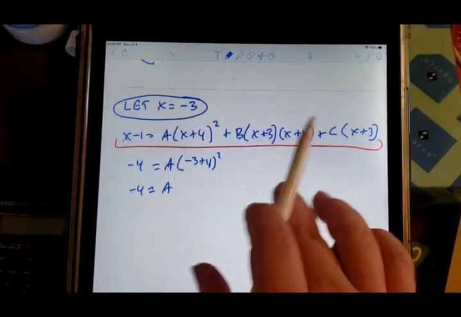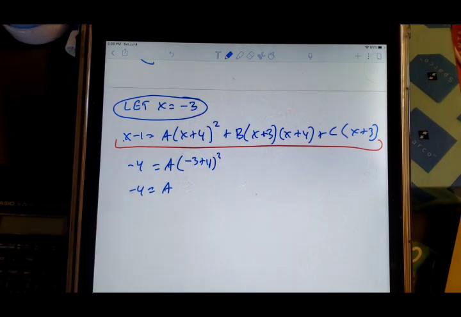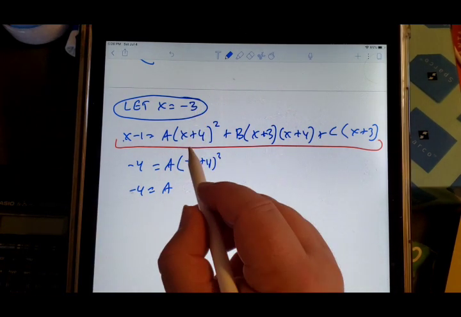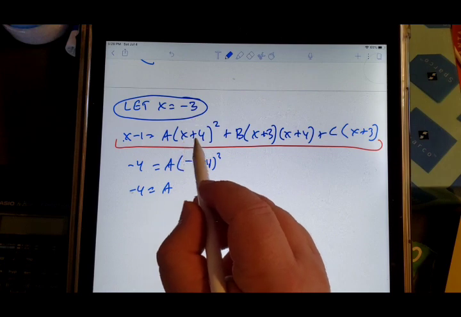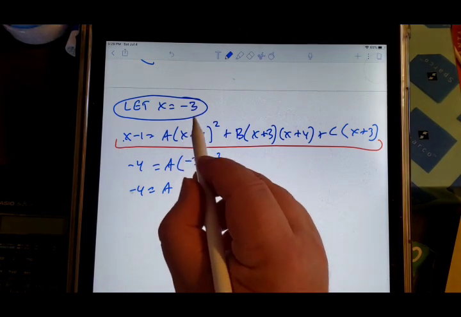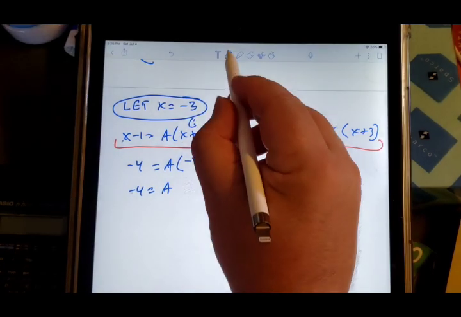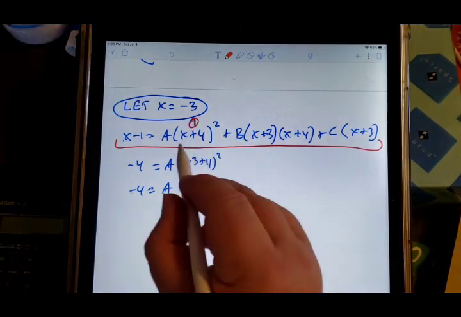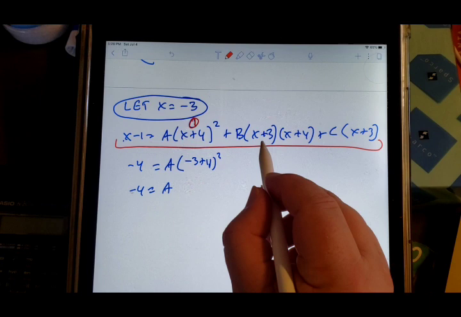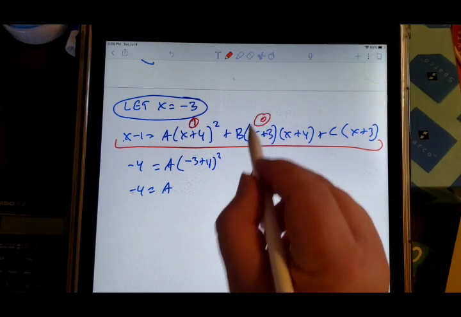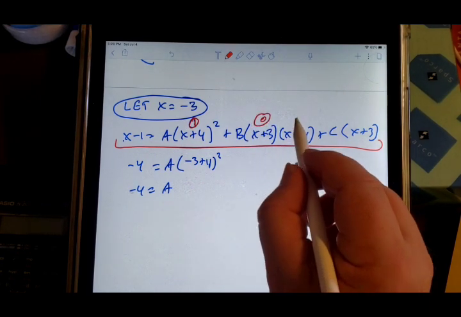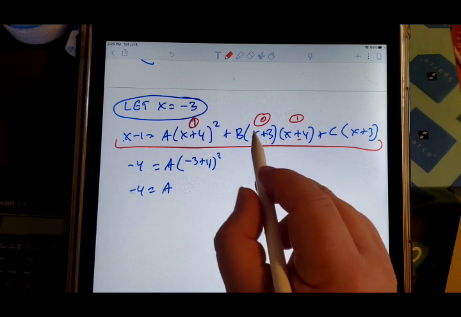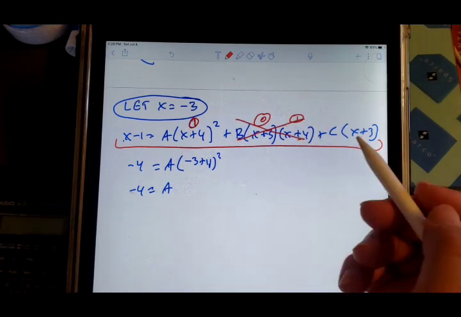But, all right, what does -3 do? Do you see it? It makes this a 1 inside the parentheses. It makes this a 0 inside the parentheses. I don't really care that it makes that a 1, because once you're multiplying by 0, it just makes the whole thing 0.